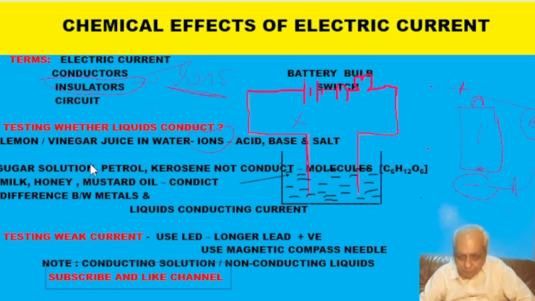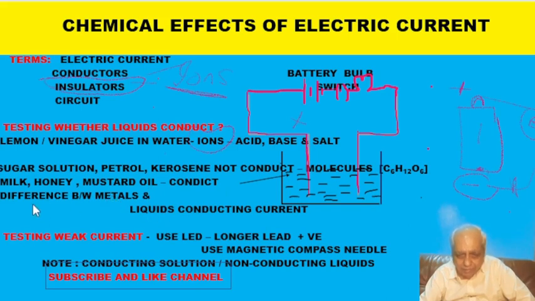Now, as such, there is conduction of electricity, or flow of charges, in metals, and flow of ions in liquids. So this is one difference between the flow of charges in metals and liquids.